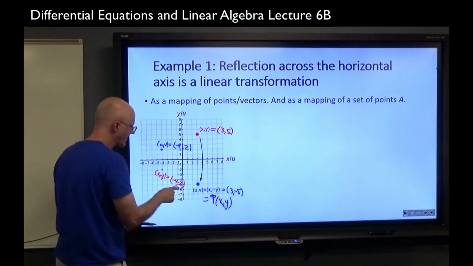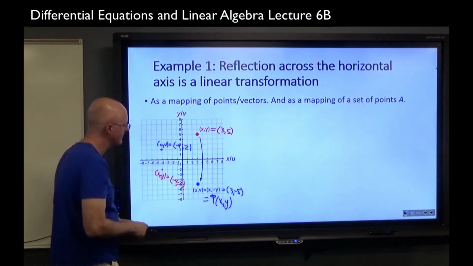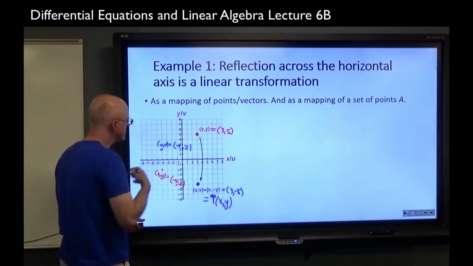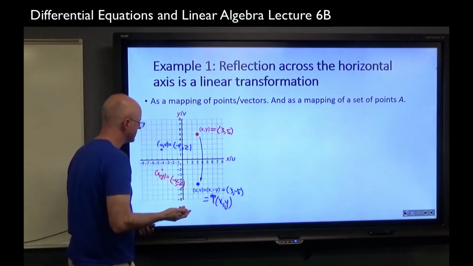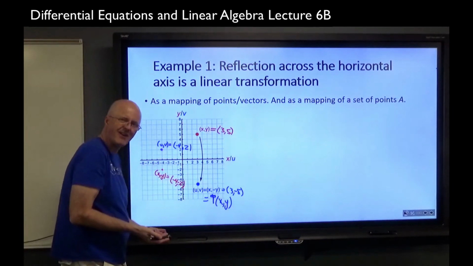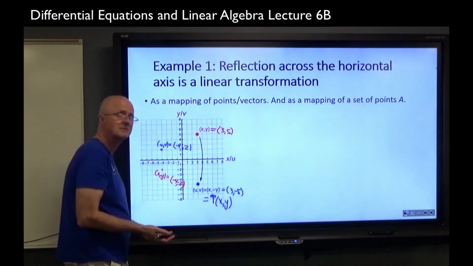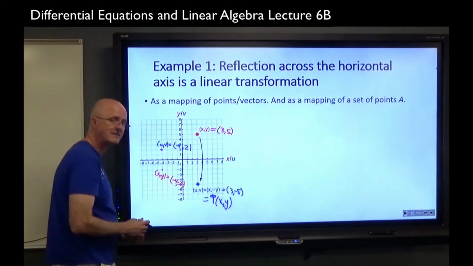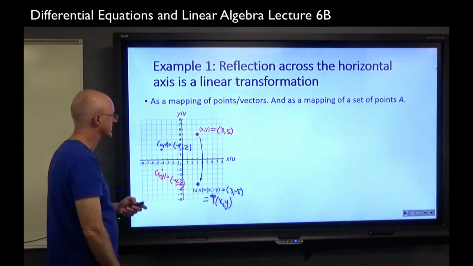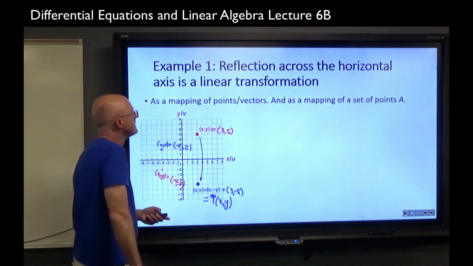The y coordinate gets negated to become positive. What if your point starts out on the horizontal axis to begin with? It would have to stay there. And the xy and uv coordinates would be the same numbers. Any point that starts on the horizontal axis under this reflection stays where it is.